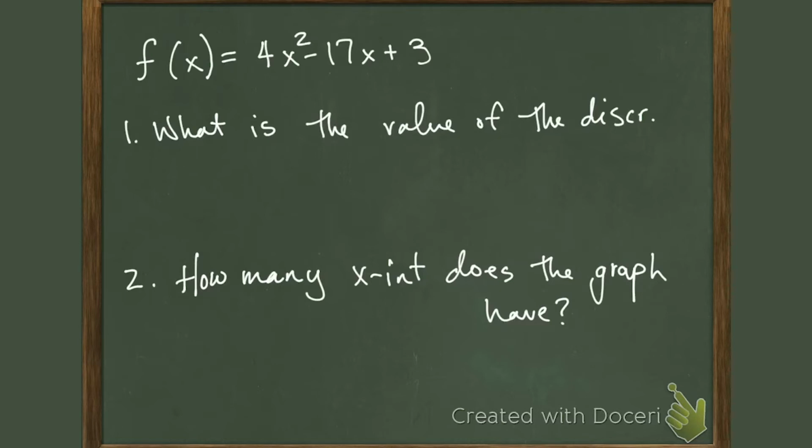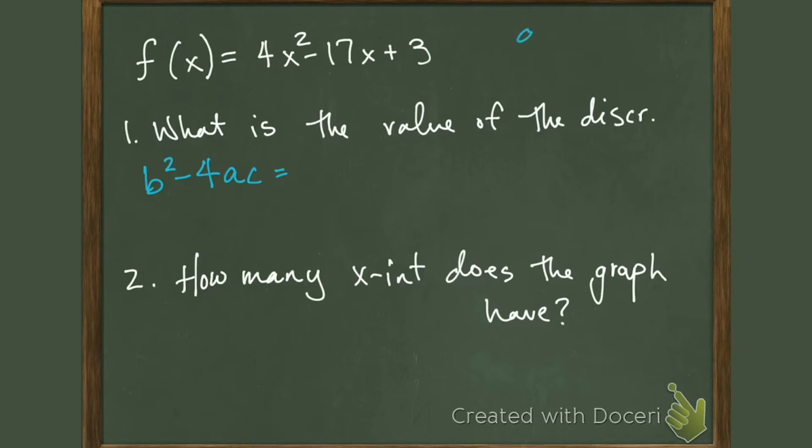It could also ask how many real number zeros it has, or how many distinct real numbers, or how many intercepts. Doesn't matter. Go back to my last slide to see what I was talking about there. Remember the discriminant: we find it by doing b squared minus 4ac. It's going to be a number.